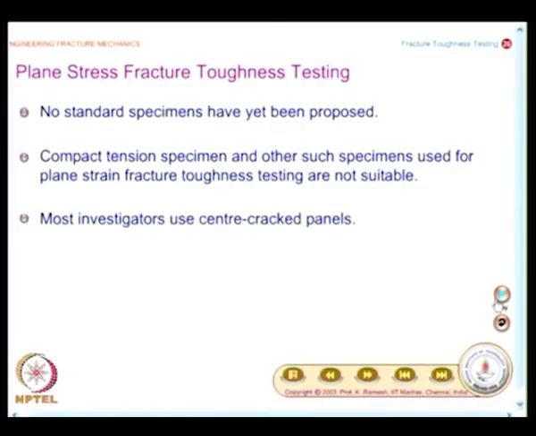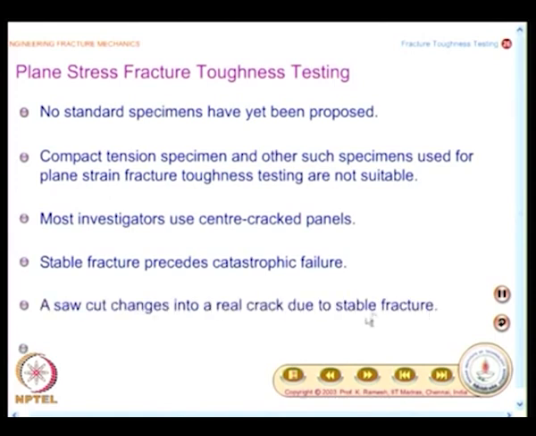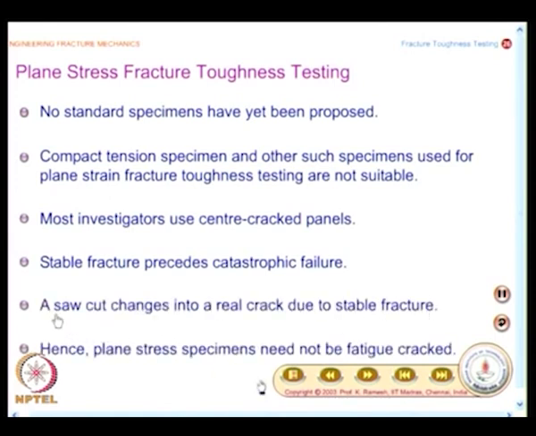So, one of the relaxations in the case of plane stress fracture toughness testing is a saw cut is enough, and what is very distinct in plane stress testing is you will always have a stable fracture followed by a catastrophic failure.